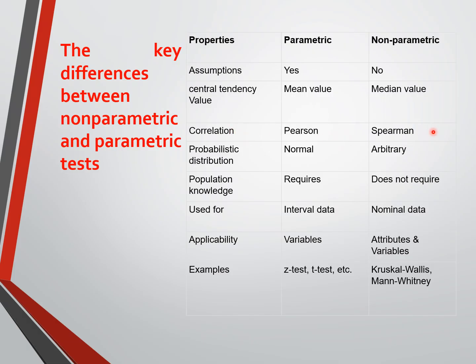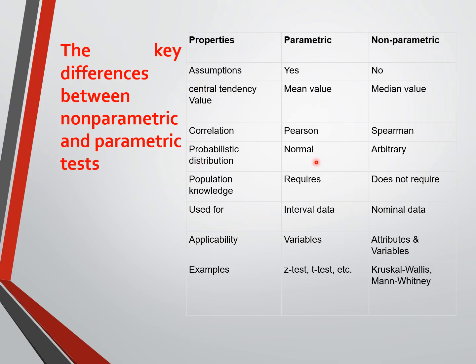In the case of a non-parametric test, we use the Spearman. The students who have pursued commerce graduation know that we use the Spearman rank correlation whenever there is a beauty contest or some type of judgment of the judges to be evaluated.